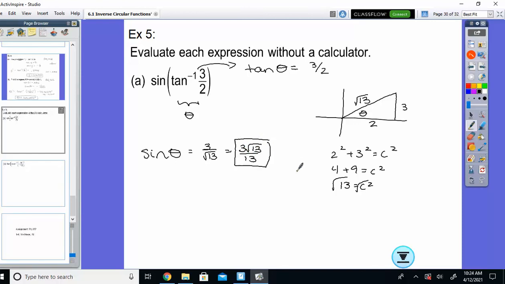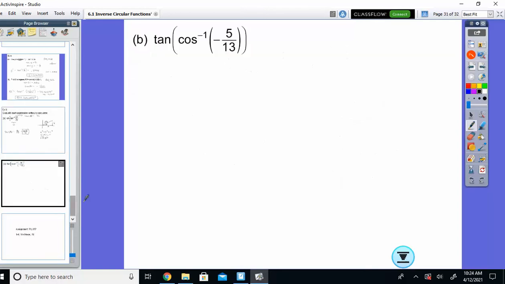So we never actually found the angle, but we didn't have to. One more along those lines, and then I'm done.